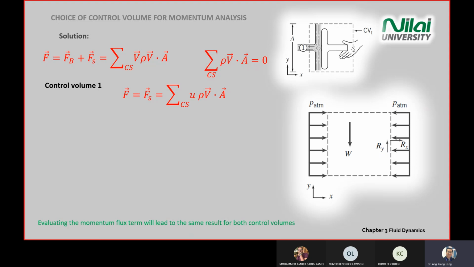So you will have a reaction force, which is what you learned in your statics module. If you have a fixture or something that cannot move, then you have a reaction force in the x direction and y direction. So now you should know how to draw the weight and the reaction force based on the control volume.